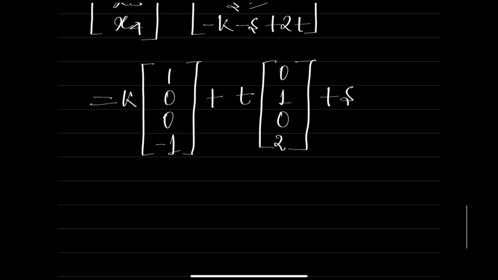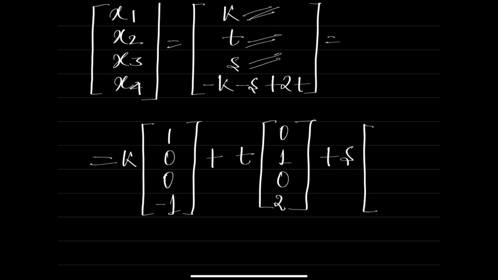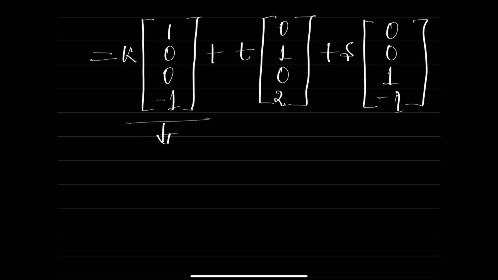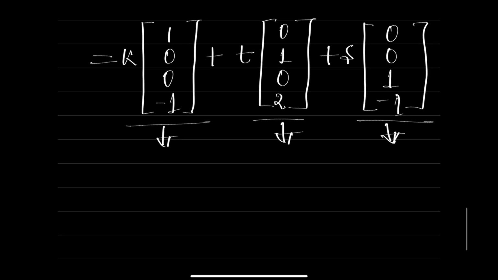Plus s: here we have no s, 0, 0, and 1, and here we have minus 1. These are the coefficients of k, t, and s. Now we have 3 column vectors, and all these column vectors are developed by free variables.